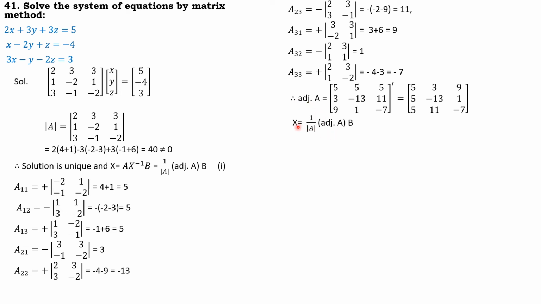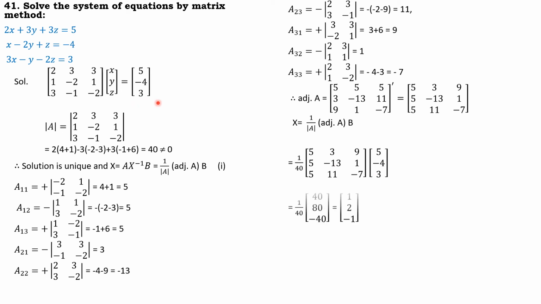Therefore, X is given by 1 over mod A into adjoint of A into B. Mod A is 40, so we have 1 by 40 into this adjoint A, the matrix 5 3 9, 5 minus 13 1, and 5 11 minus 7, multiplied by B, that is 5 minus 4 3, from this equation.